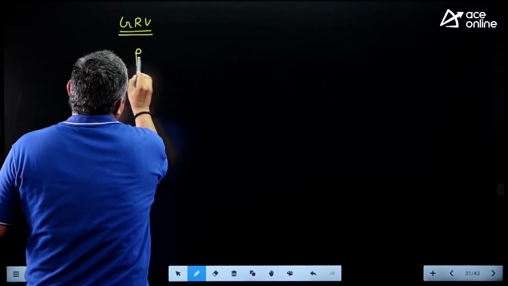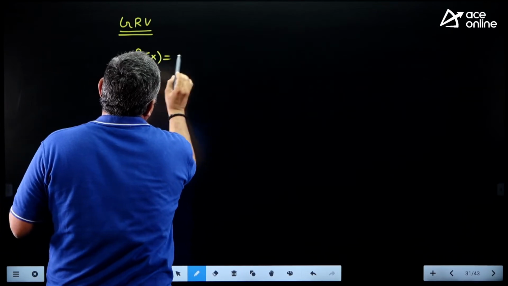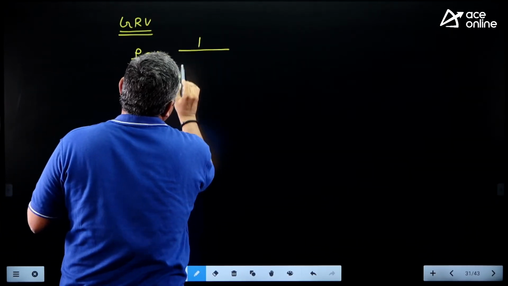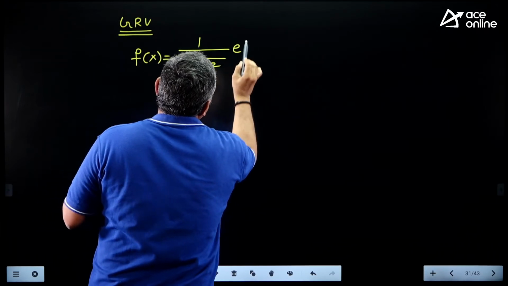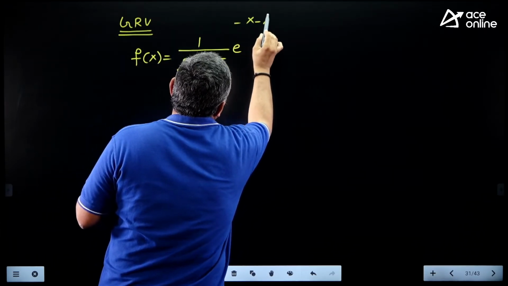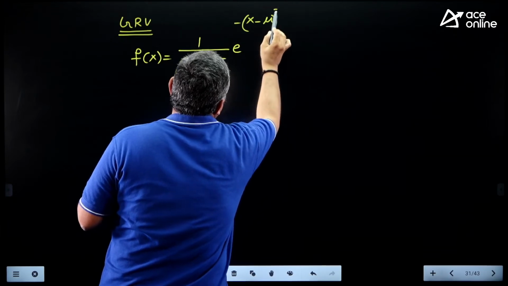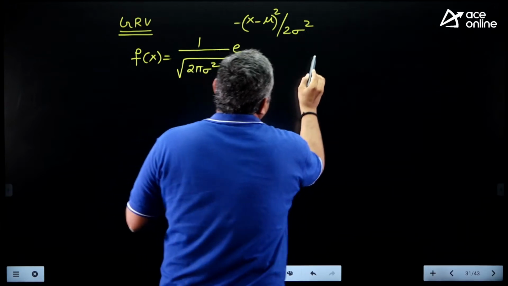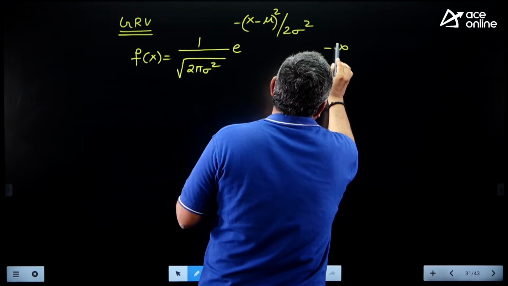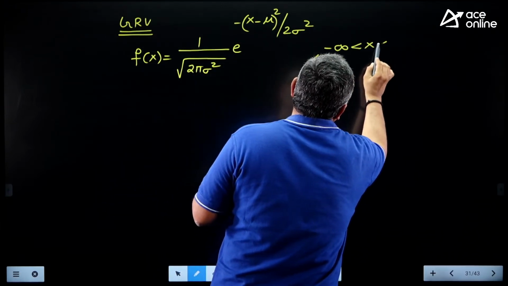The standard density function is 1 by root 2 pi sigma square, e power minus of x minus mu whole square by 2 sigma square, where x can take values from minus infinity to plus infinity.